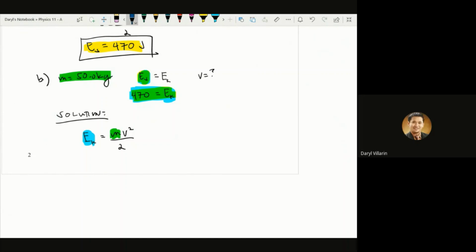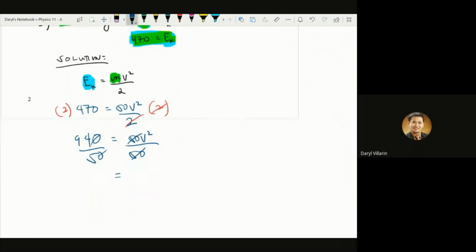You can substitute first: 470 is equal to 50 v squared over 2. Multiply both sides by 2, which gives 940 equals 50 v squared, then divide both sides by 50. So v squared is equal to 94 divided by 5, that's 18.8.